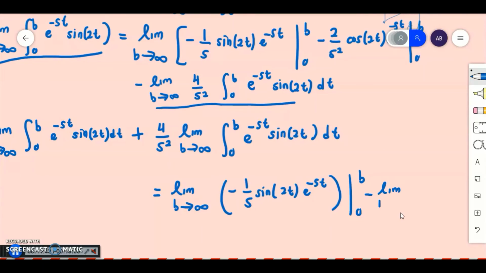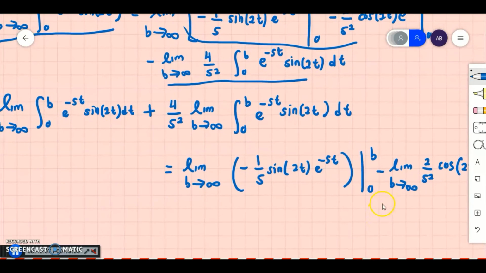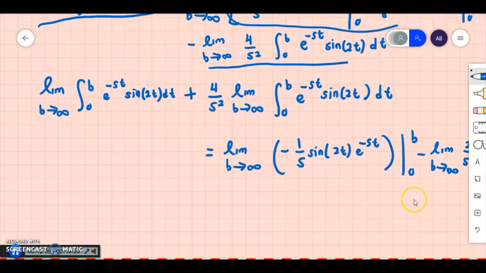limit b approaches infinity. So this part here, first is this one, the second one is this part here, 2 over s squared cos 2t e to the negative st from 0 to b. Look at here, this is long, but you can simplify this.